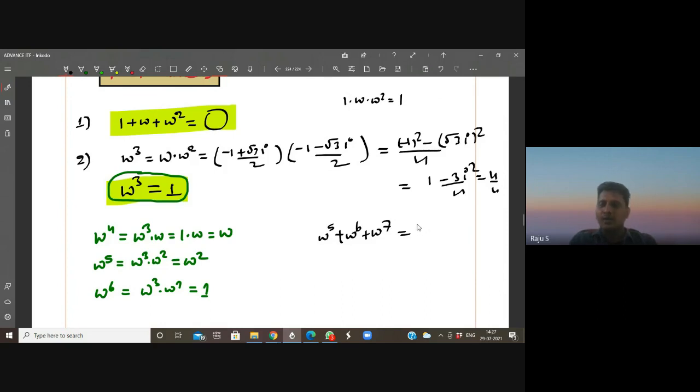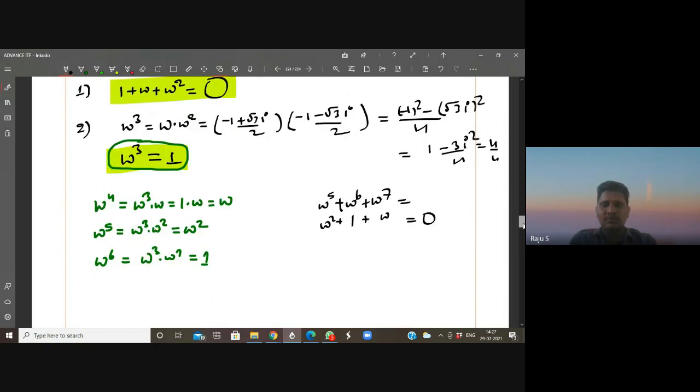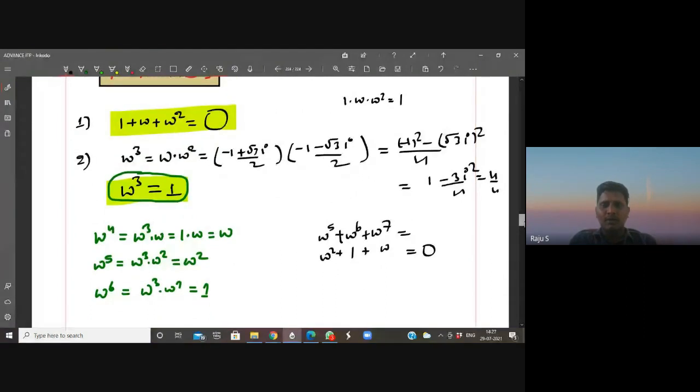Clearly it is 0, because this is omega square, this is 1, this is omega. 1 plus omega plus omega square becomes 0. So the sum of 3 consecutive powers of omega always becomes 0.